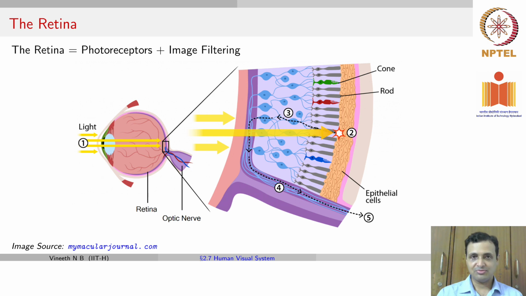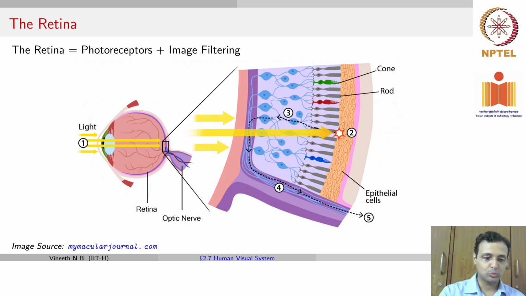So the retina itself, which is the sensor of our human visual pathway, consists of photoreceptors and also does a lot of image filtering before it passes on information to the next phase of the human visual pathway.